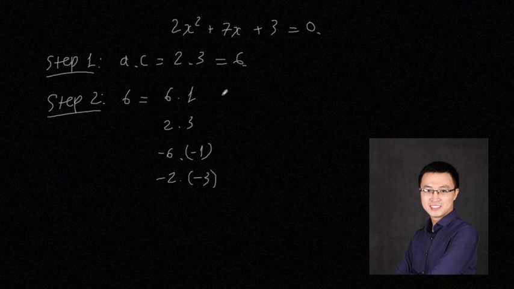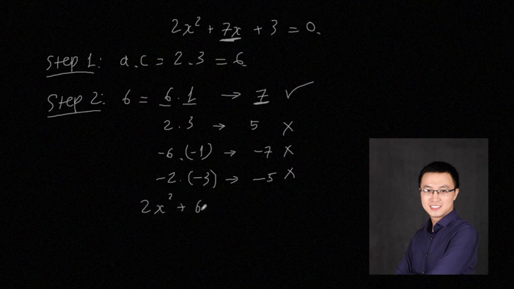For this case, the sum of the two factors equals 7, which is the same number as the second one. So I will choose this option. Let me check the others: the sum is 5, the sum is minus 7, and the sum is minus 5. So I choose to separate 7x into 6x and x.